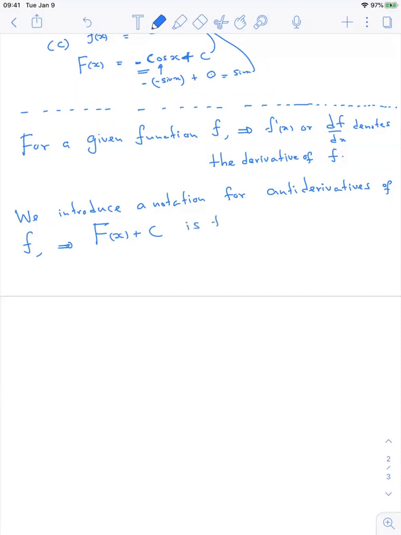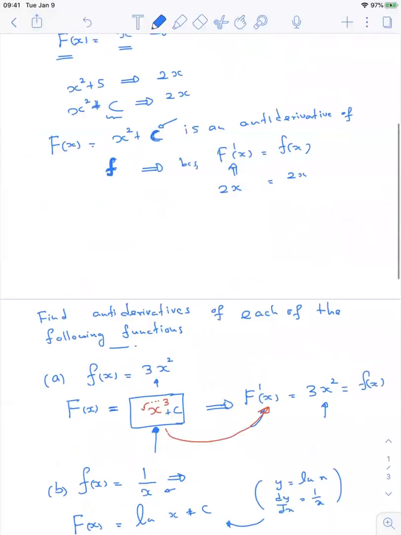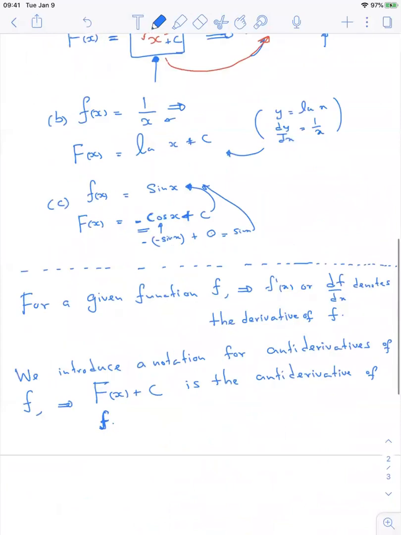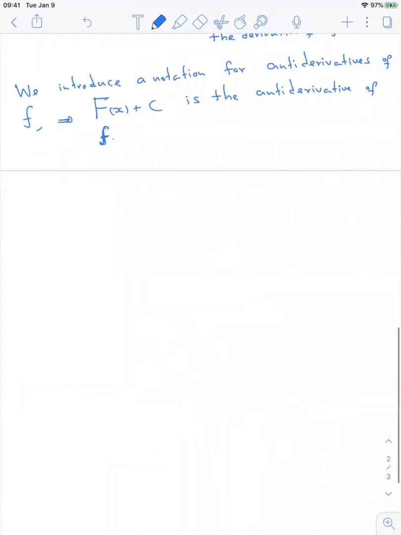F(x) plus c is the antiderivative of the function f. This is what we did in these examples, and there is the definition as well. So what we are doing is just introducing a notation for this.